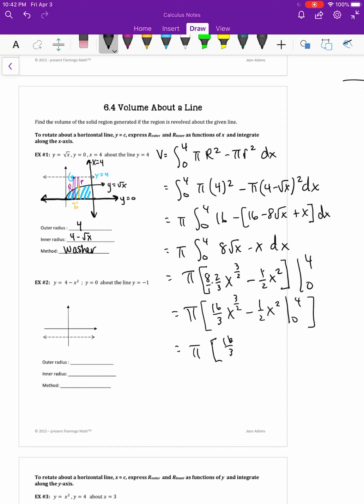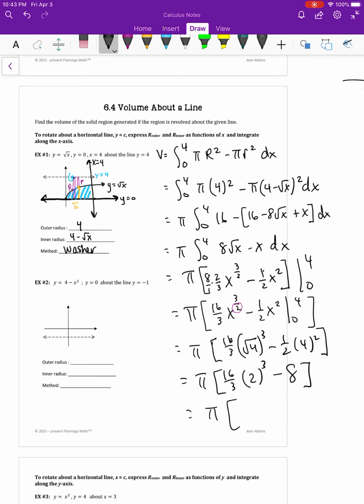16/3 times, and remember, this denominator means square root. So we've got square root of 4 to the 3rd power minus 4 squared. When I put the 0 in, I'm going to get 0. So I'm just going to go ahead and stop there. So we've got 16/3 times 2 cubed minus, this is going to be 16 divided by 2, which is 8. So I have 8 times 16 over 3.